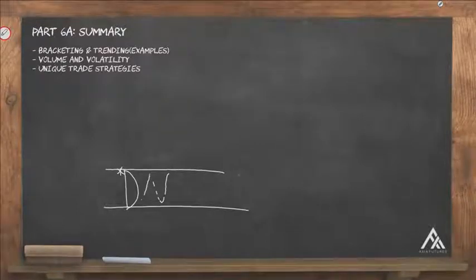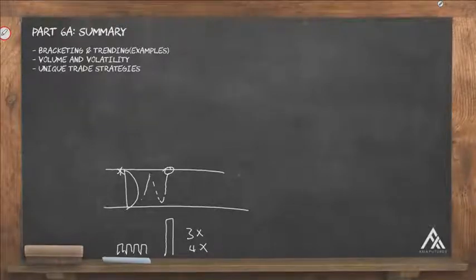Now, if we see a very large pickup in volume, so let's say on average over the course of the day we've been seeing lots of little volume bars, and all of a sudden we see almost 3 or 4 times the volume being traded over a period of a session on the break of this key reference point. That volume is a key identifier of new business that has come into the market.